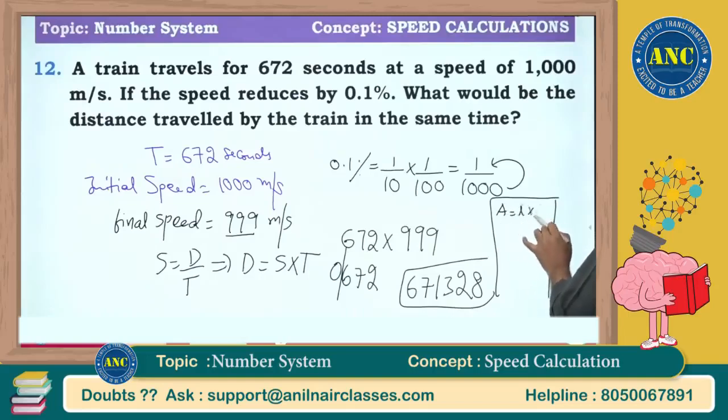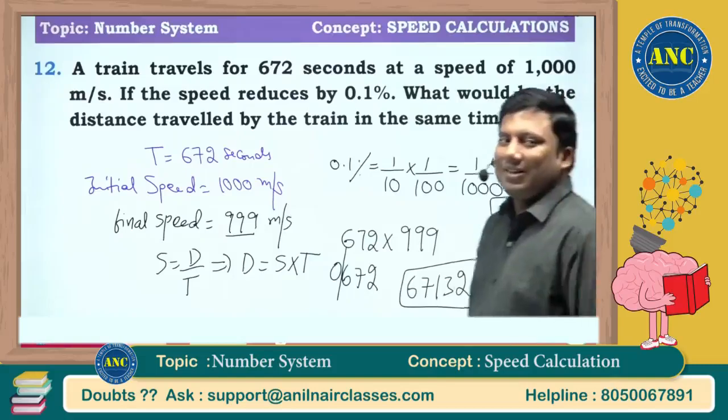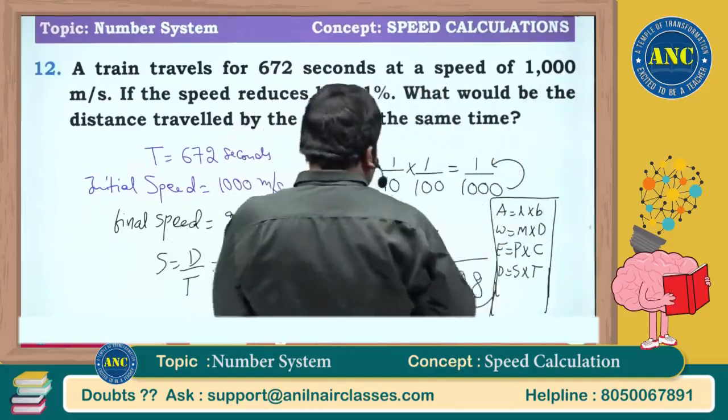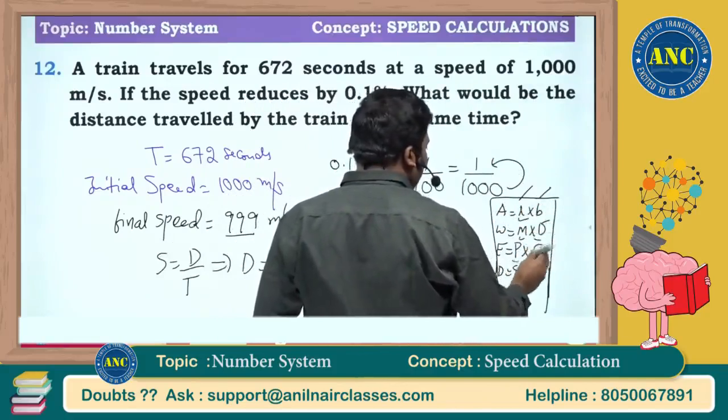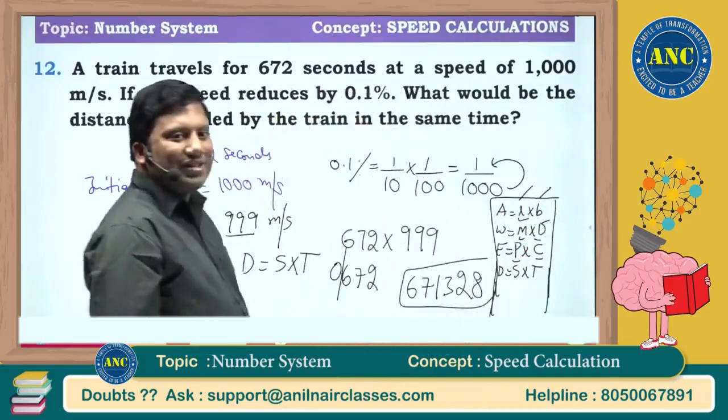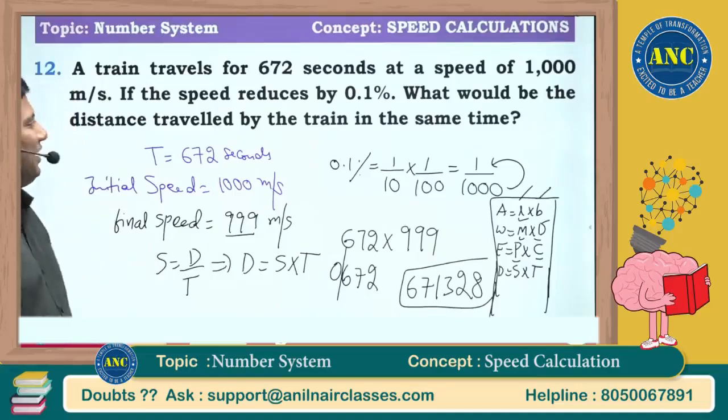In all these cases where the product of two parameters, if this is one number and this is a series of 9s, you can use this logic. I hope the idea is clear.